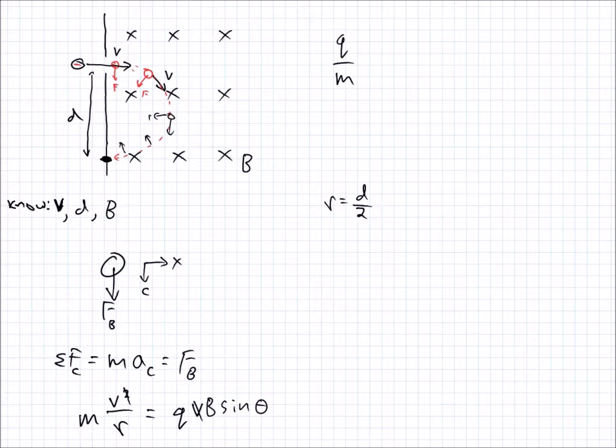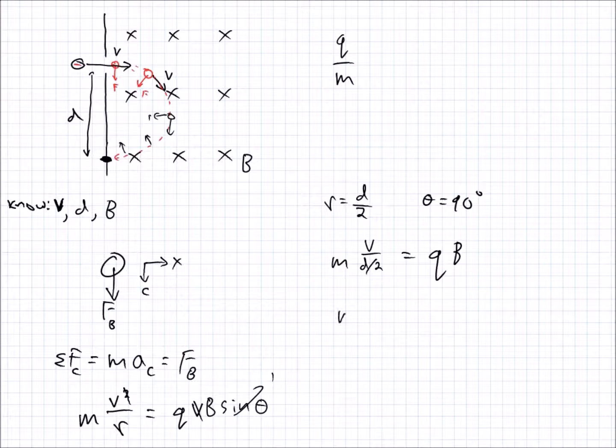The magnetic field is straight into the screen. So their angle's always 90 degrees. And the sine of 90 is 1. Okay, so we've got m v squared over d over 2 is equal to q v b.